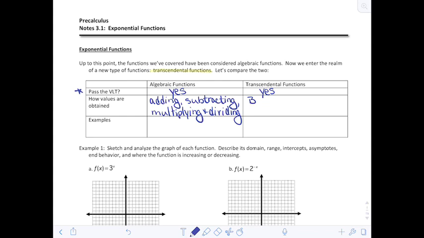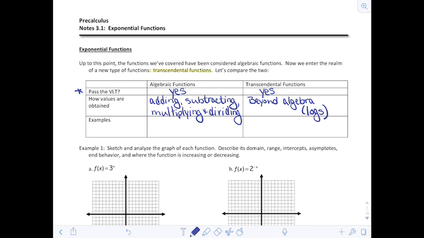Transcendental functions actually go beyond algebra. None of those operations sometimes will work to solve for the variable that we need. So it's beyond algebra, and what we're going to see happen in this chapter, as you have before in Algebra 2, is that we're going to have logs that we can use and the tools that logs provide to solve these equations.